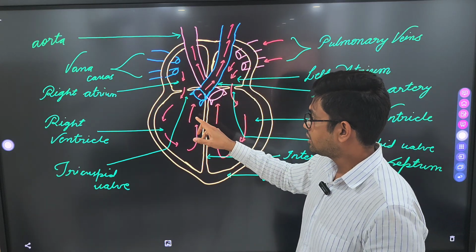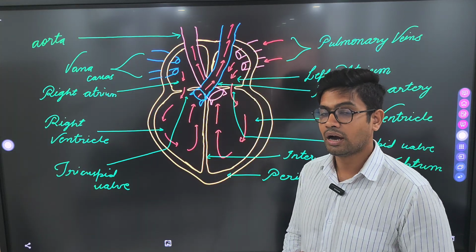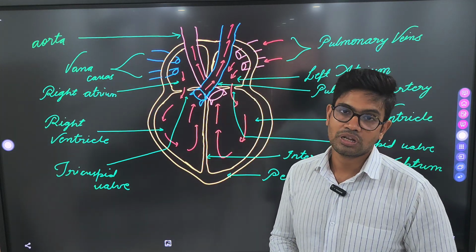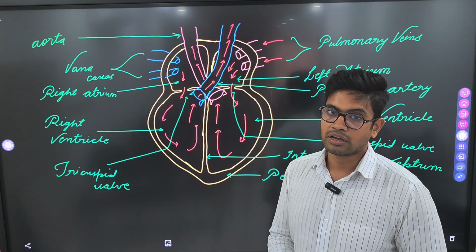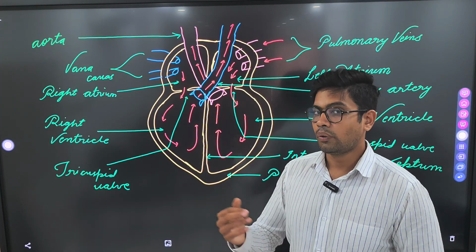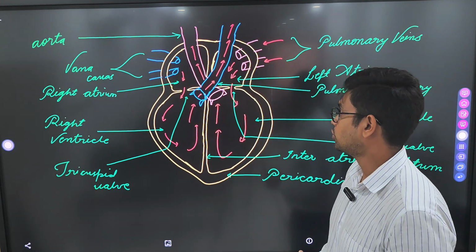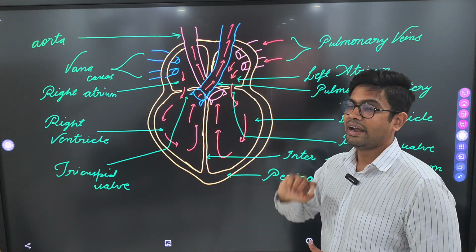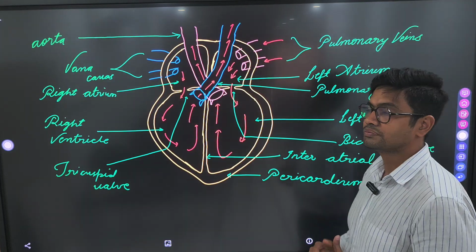The blood is pushed into the outlet called the pulmonary artery and taken to the lungs, where it deposits all the CO2 it has and takes back oxygen. Now it becomes oxygenated blood. This oxygenated blood is brought to the left atrium by the four inlets known as the pulmonary veins.